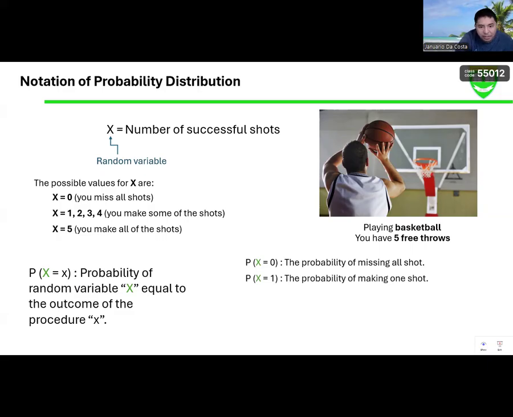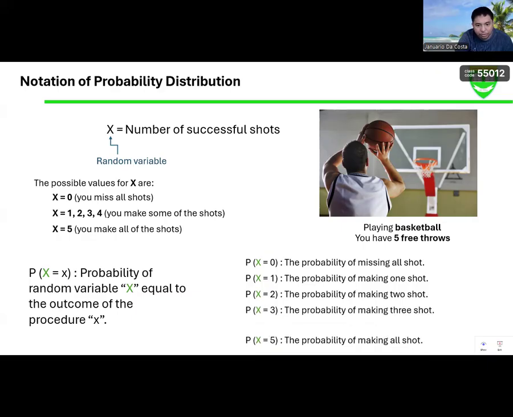If I write P of X equals 1, that means the probability of making one shot. If I write the probability of X equals 5, that means the probability of making all shots. Or 2 shots, 3 shots, or 4 shots. Okay, so that's how you write the notation of probability distribution.